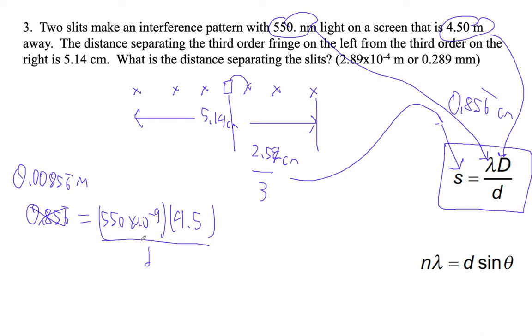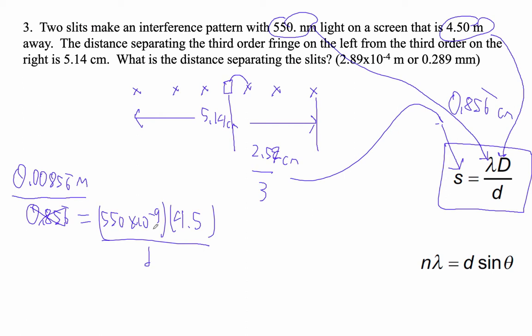So I'm going to put a couple zeros in here, okay? Because now I really want to do it in meters, otherwise I'll get too confused, okay? Let's try this.